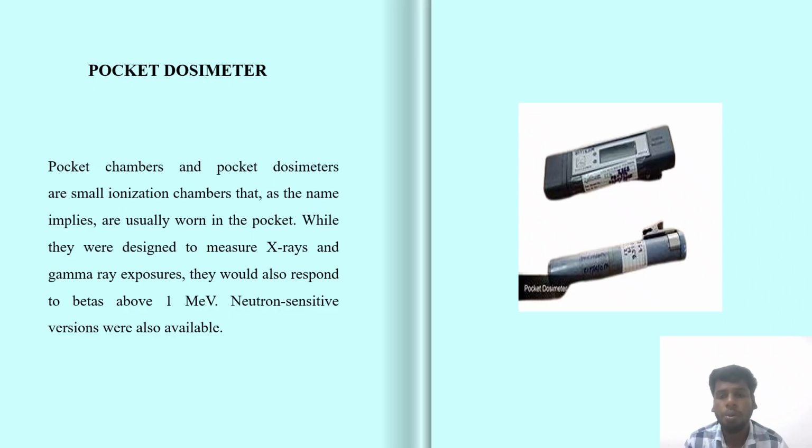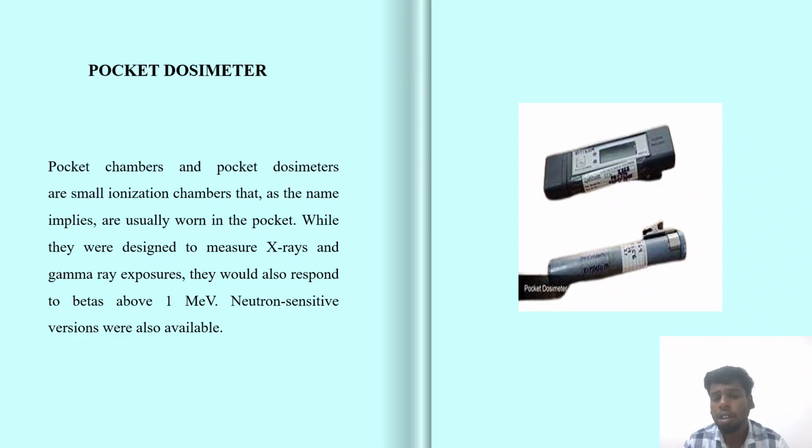They are also hung on walls or fixed holders to measure the amount of radiation exposed during radiation work.